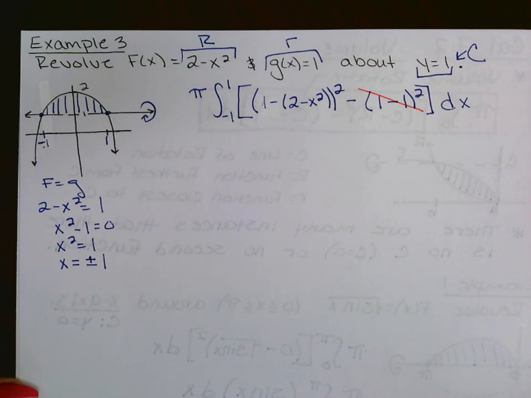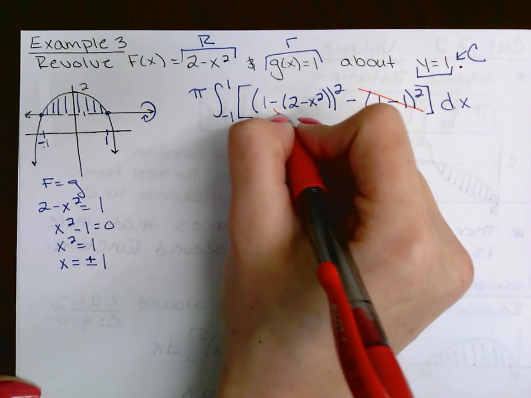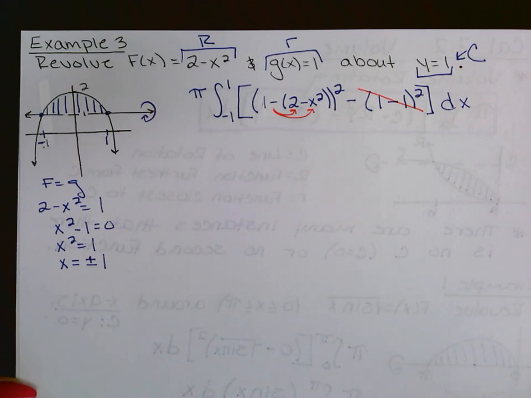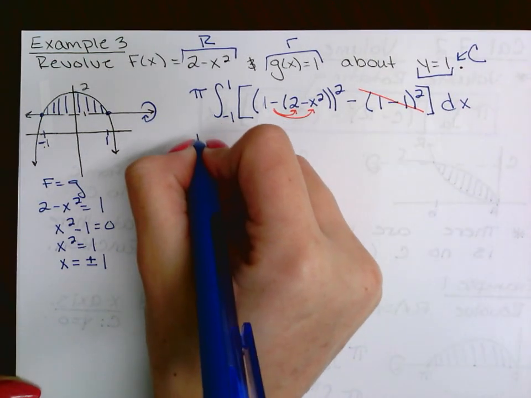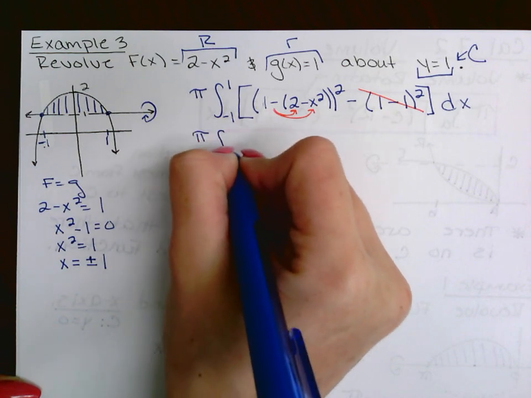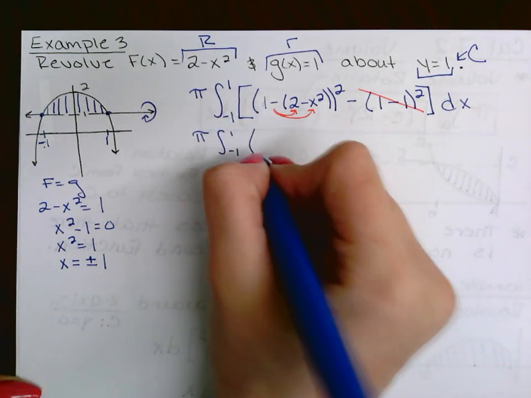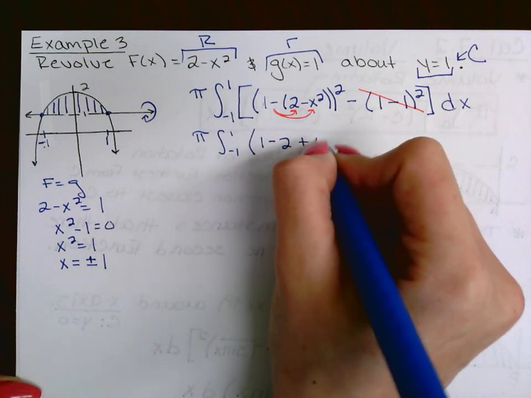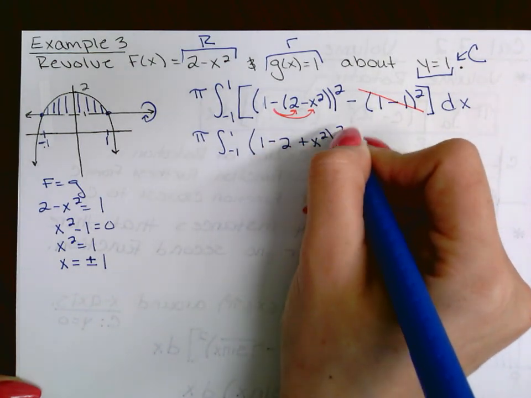Here, again, the calculus is the easy part. Here is one of my biggest mistakes that I see every year. You have to distribute this negative to both terms before you can square it. Okay? So I have pi times the integral from -1 to 1 of 1 minus 2 plus x squared, squared.